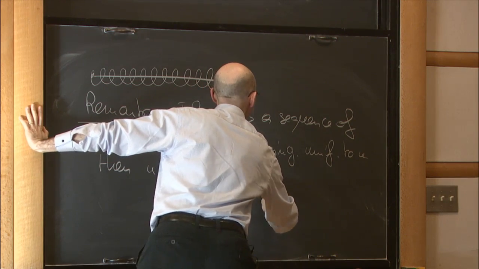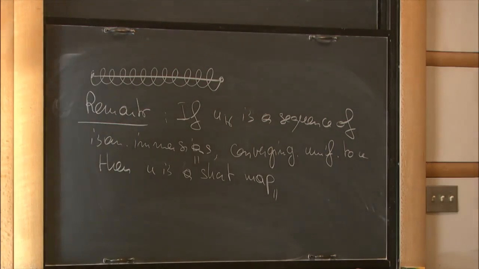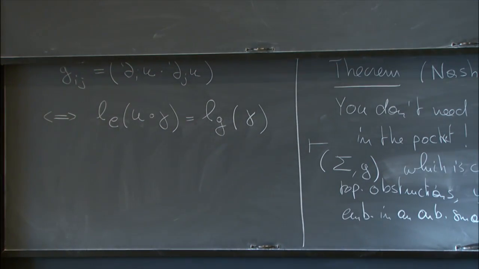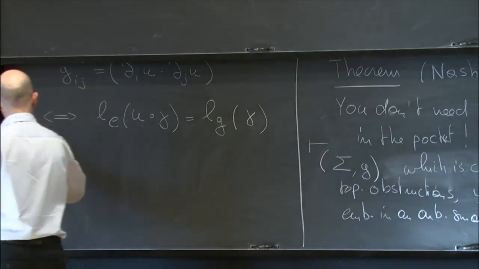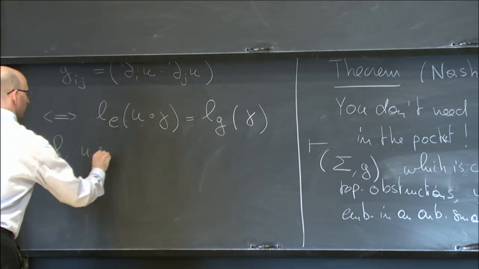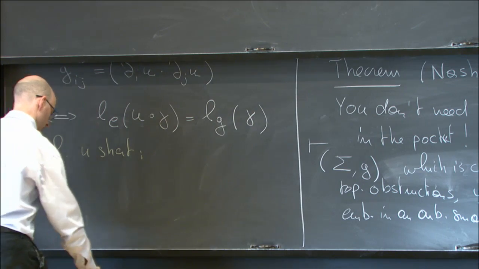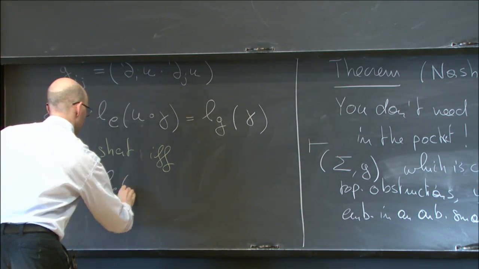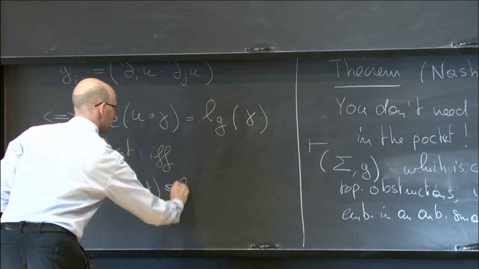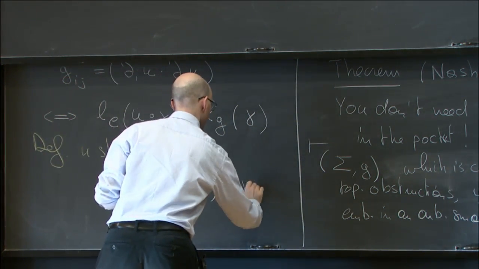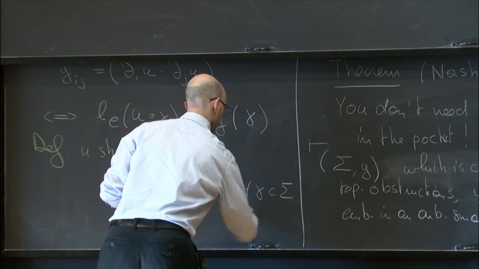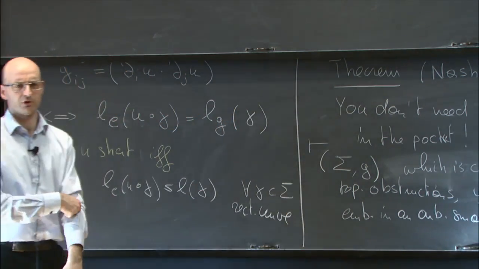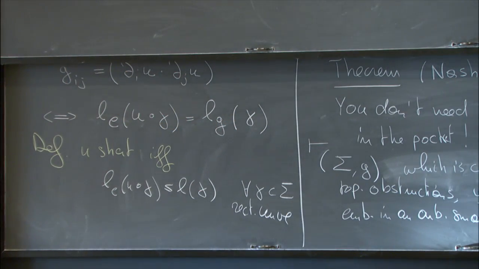And a short map means instead of having the condition that it is length preserving, you have an inequality over here. So the definition would be: u is short if and only if you have the inequality instead of the equality for every curve gamma, a curve with finite length, rectifiable, C1. It's not so important, it's just technical.